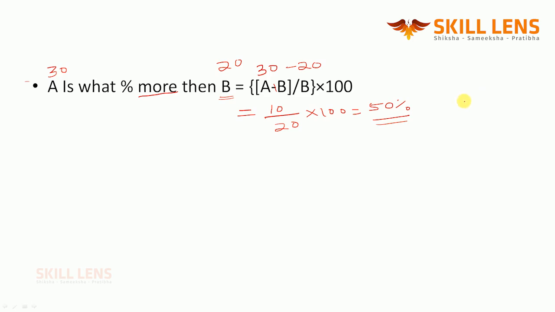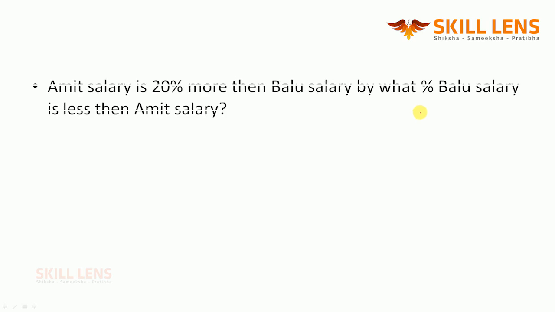So let's go to the next. Let's see some applications of it. Amit's salary is 20% more than Balu's salary. By what percent is Balu's salary less than Amit's salary?